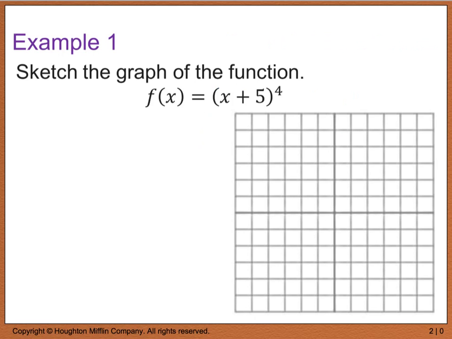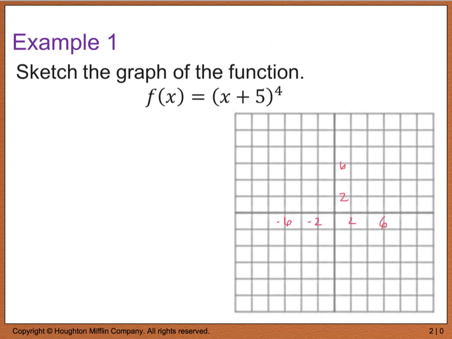So for example 1, it says to sketch the graph of the function f of x equals the quantity x plus 5 to the fourth power. Because x plus 5 to the fourth power is really an even function, I know that this is going to look something similar to that of a parabola, because a parabola is also an even function.